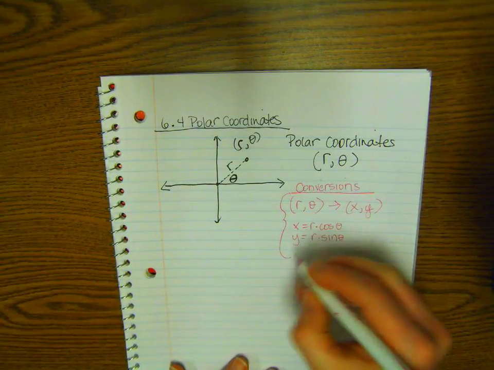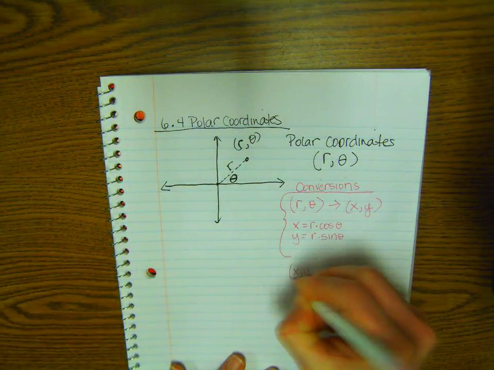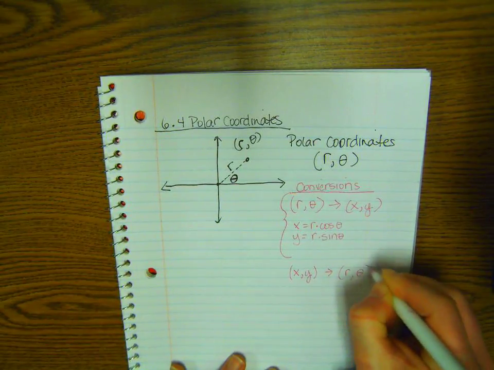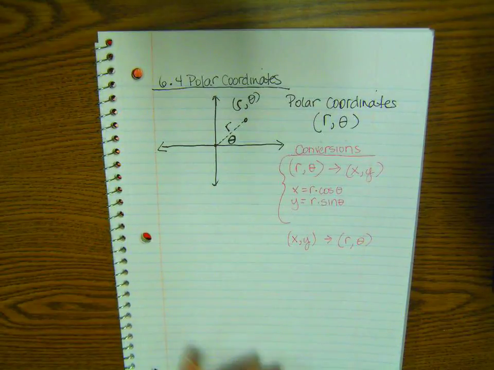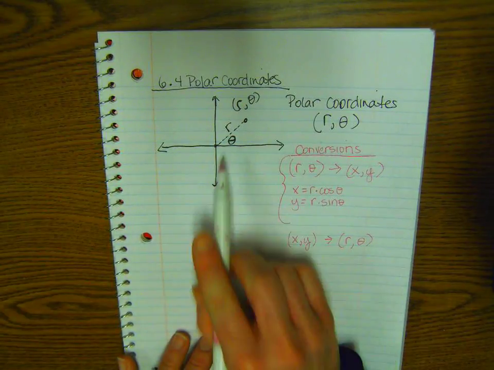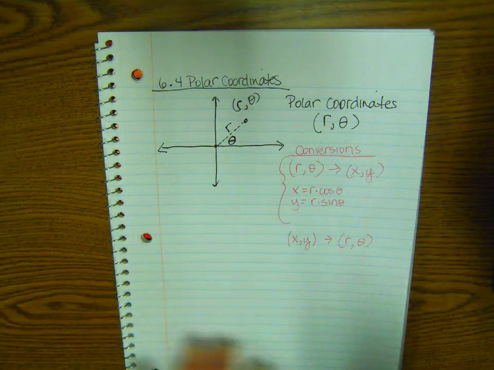Okay, so that's if I have polar coordinates and I want to go to rectangular coordinates. Let's try to think back. What if I have x and y, and I want to figure out what the values of r and theta are? How do you think I'd do that? Yeah, Pythagorean theorem.